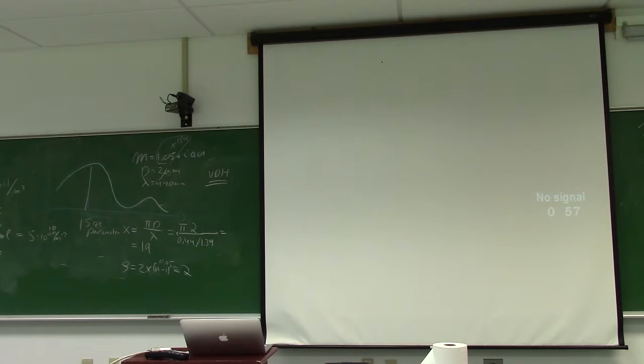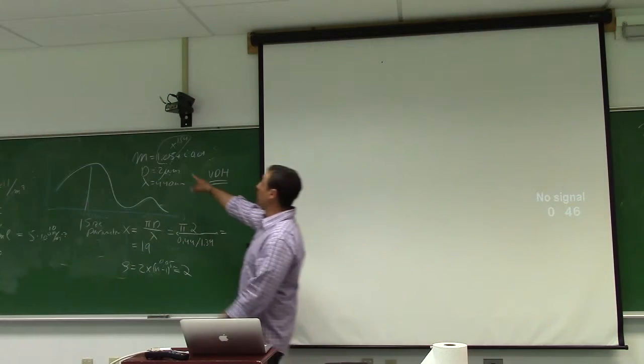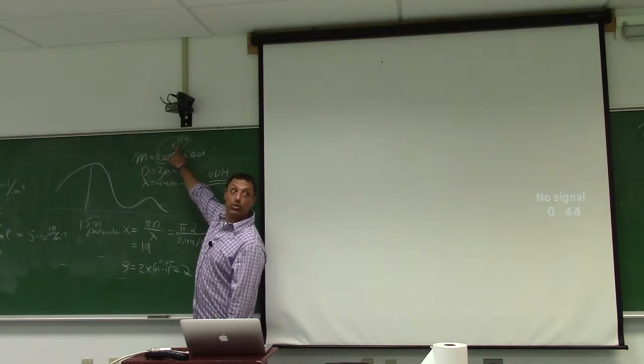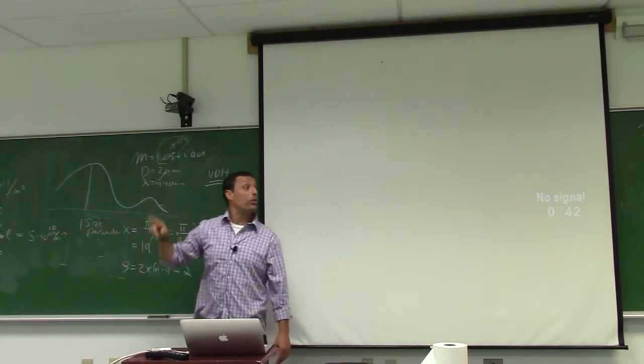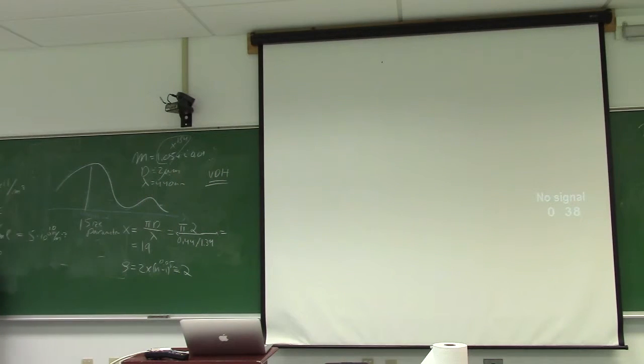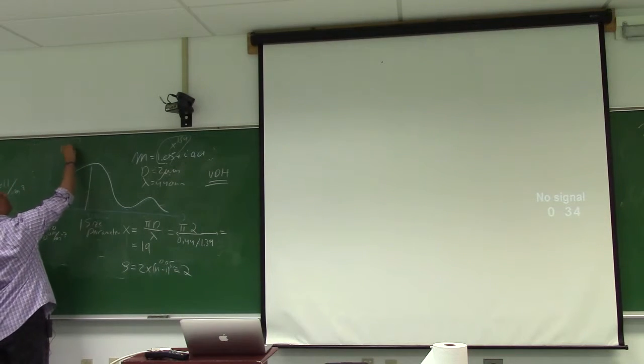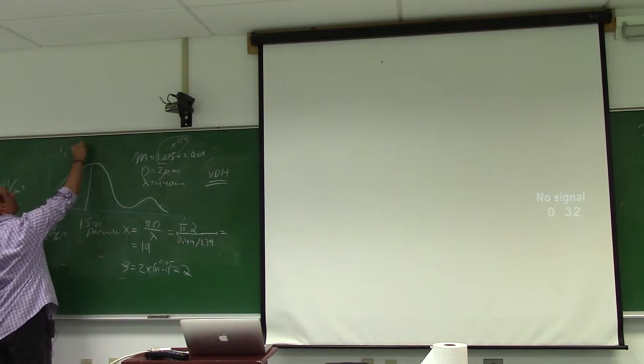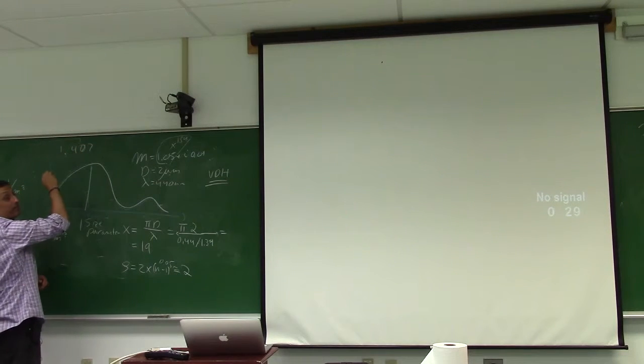So you should get 1.54. People are getting other values than you guys, because you have to change your air. Yeah, 1.05 times 1.34. That should be 1.047. Sorry, 1.47, so this is 1.407.